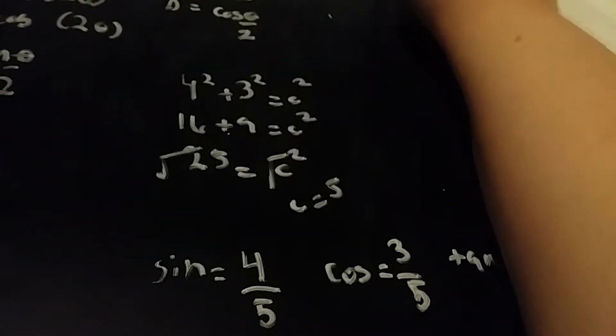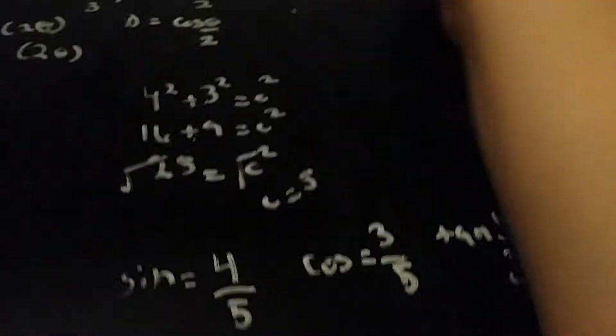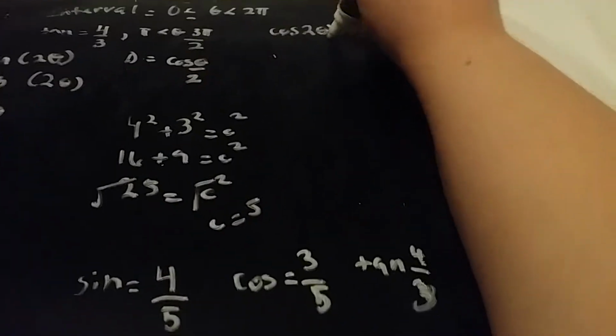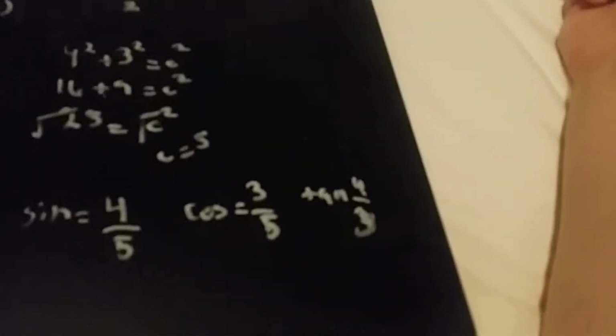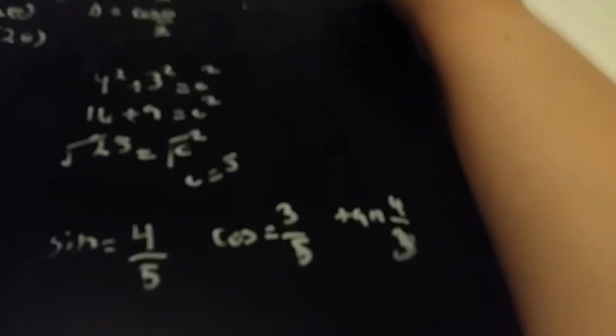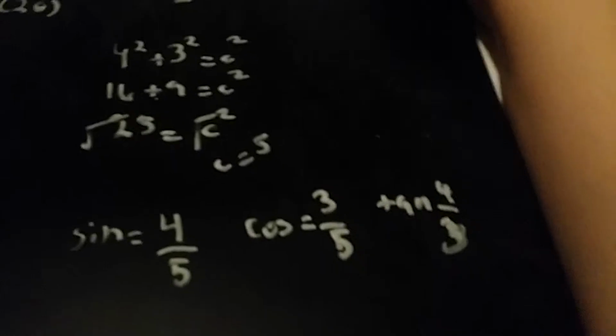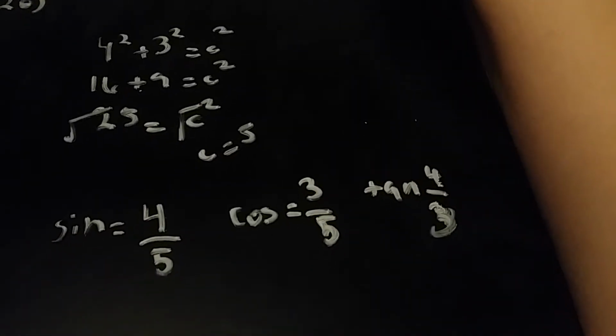We're going to erase this because I don't have enough room on the board. I'm sorry. And for part B, we have cosine 2 theta. We're basically doing the same thing. We're going to look at the double angle identities, and we're going to find the one for cosine. This is listed as cosine 2 theta equals cosine squared theta minus sine squared theta. We plug in the numbers we have.